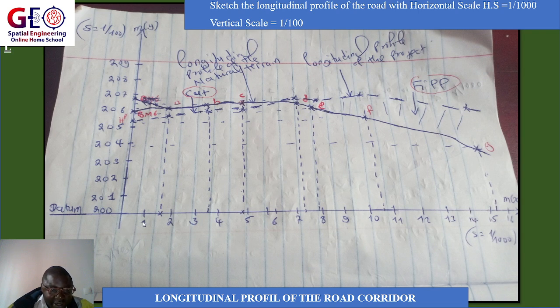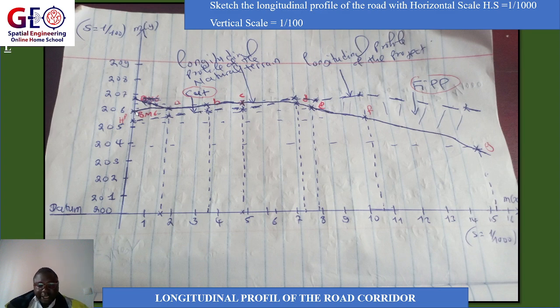That is, 10 meters, 20, 30, 40, 50, 60, right up to 160 meters. Then the vertical scale was 1:100, which simply means every 1 centimeter on the plan represents 1 meter in the terrain. So if we take 200 as our datum or starting point, we have 201, 202, 203, 204, 205, 206, right up to 209, isn't it?